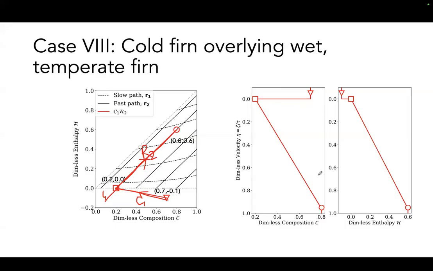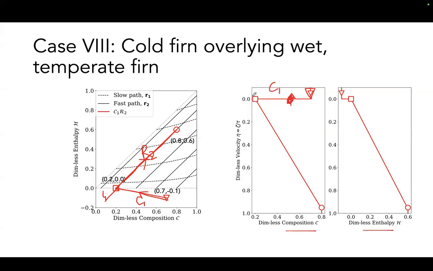Now, if we look at the solution in dimensionless velocity form for dimensionless composition and enthalpy given on the x-axis, this is your left state. And from the left state, there is a contact discontinuity right at the jump. And this does not move. And that is C1.